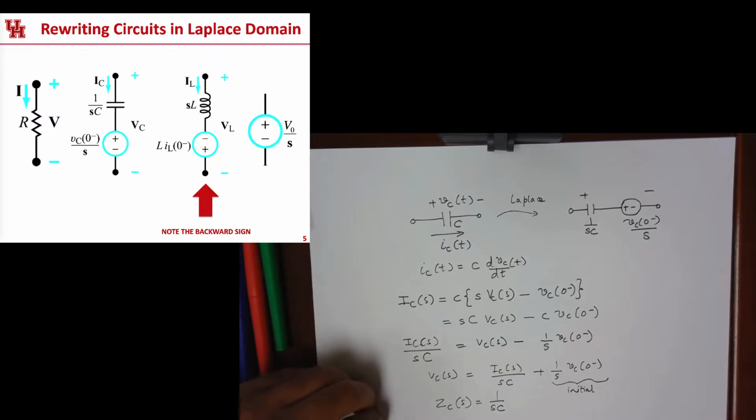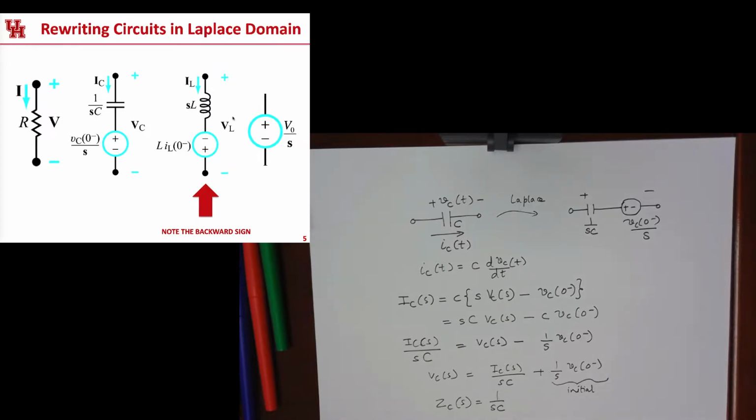This slide on your left basically summarizes the three different cases that we just went over. If you look at the resistor, it is a constant and its complex impedance is simply R. If you look at a capacitor, its complex impedance is 1 over SC, and this is frequency dependent. So as the frequency increases, the impedance will decrease.